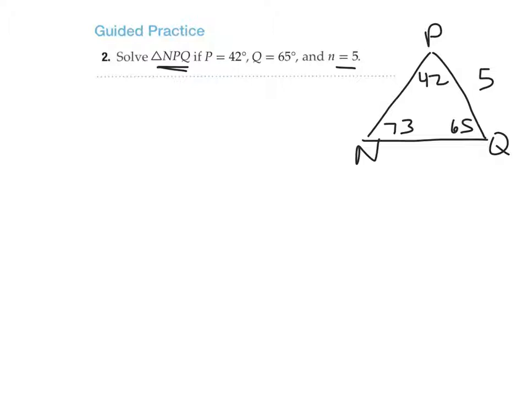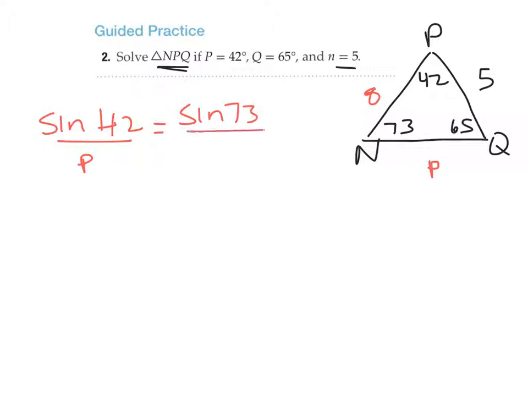So now that we have all our angles, we can figure out our sides, which is this is a little p, and this will be a little q. So to find p, we're going to use the sine of big P, which is 42, over the little p, equals, and I'm going to use sine of N, because it's given to us, sine of 73 over 5.